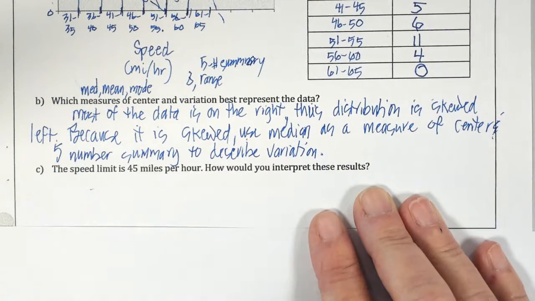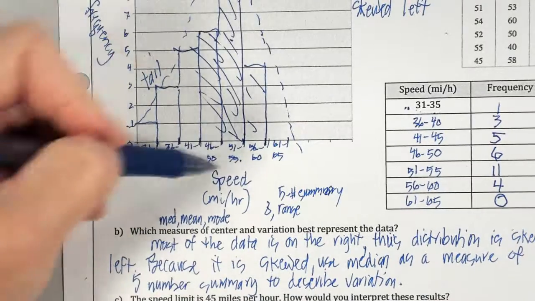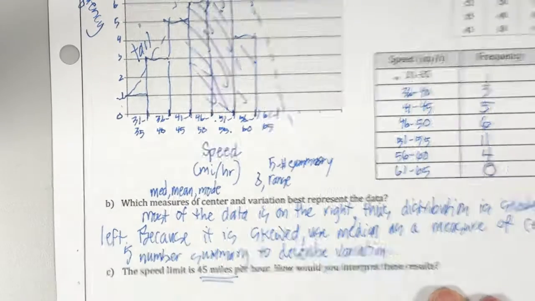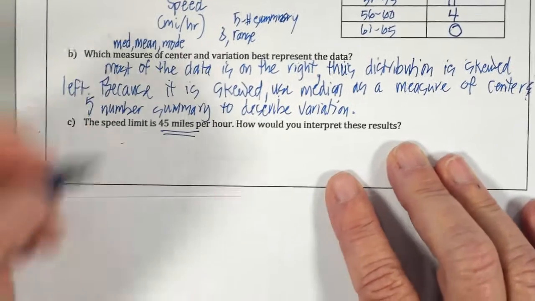So now I got to answer the second question. It says the speed limit is 45 miles per hour. How would you interpret these results? Well, I had 11 motorists that were going 51 to 55. So basically, everyone else is speeding.